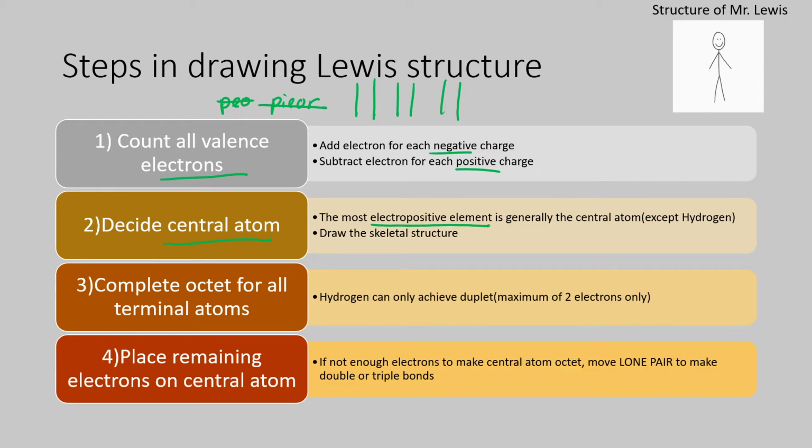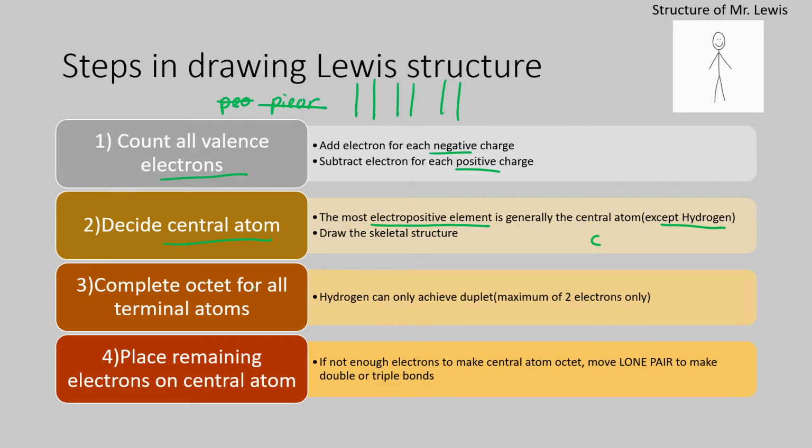Look at your electronegativity table and see which one is the most electronegative; that one sits in the middle. Most likely, if there is carbon, carbon sits in the middle. Hydrogen very rarely sits in the middle. Hydrogen pretty much all the time sits at the side.